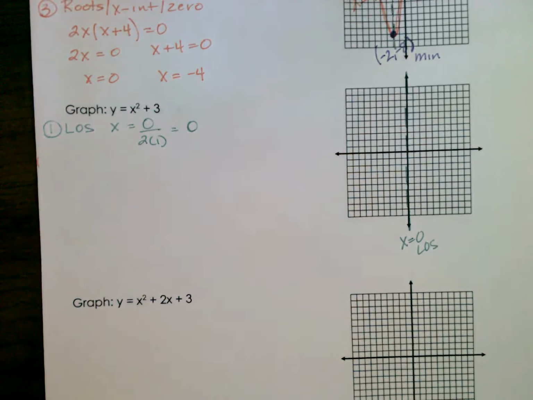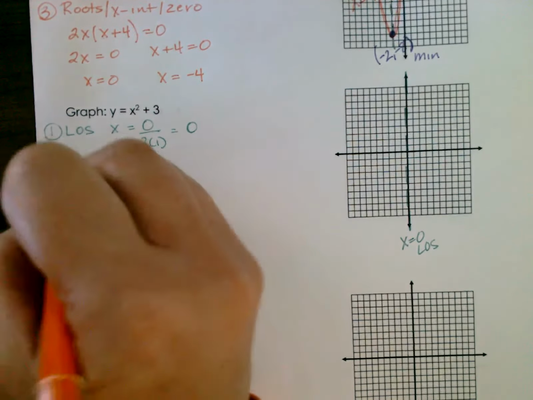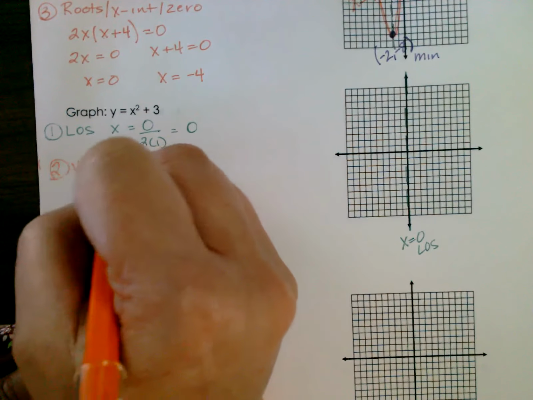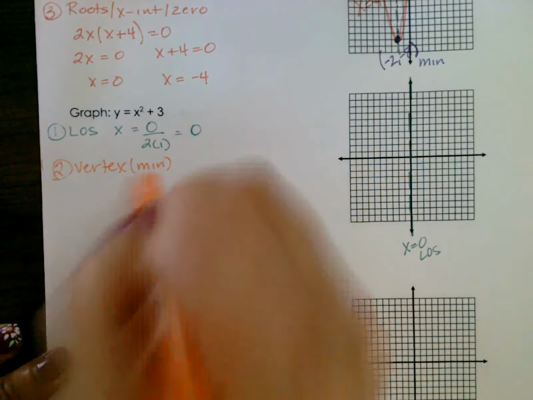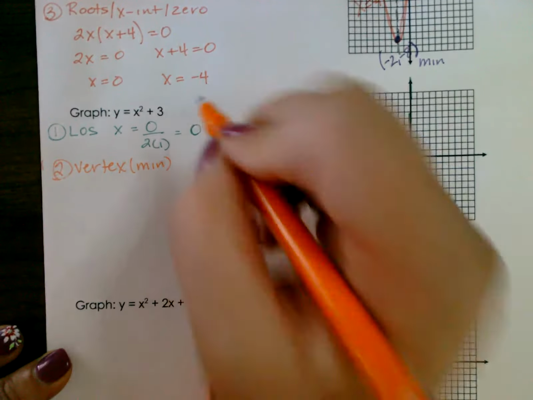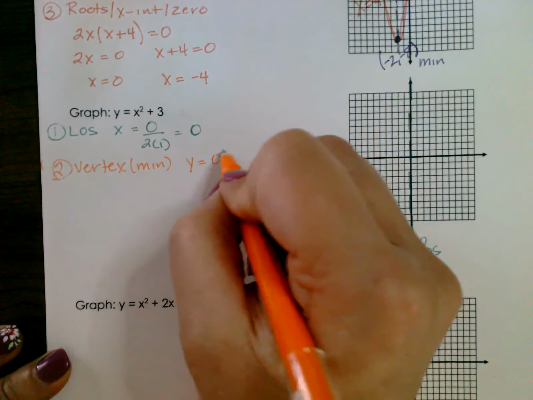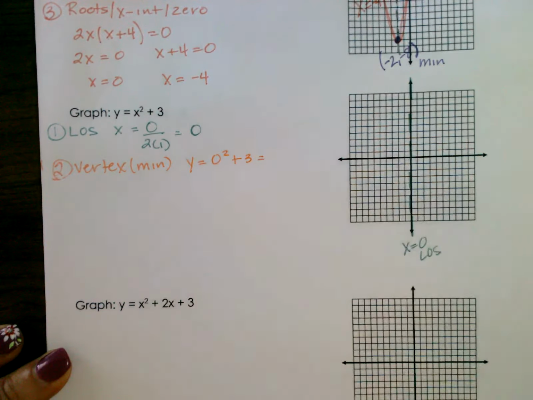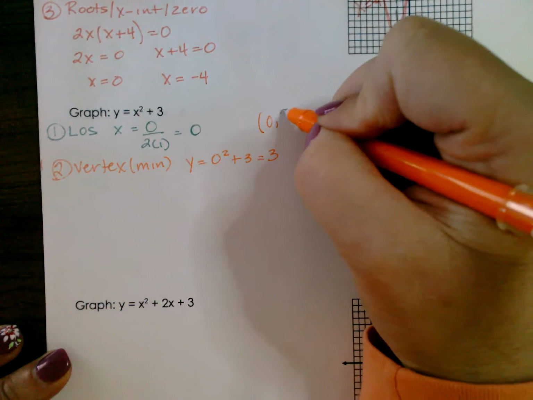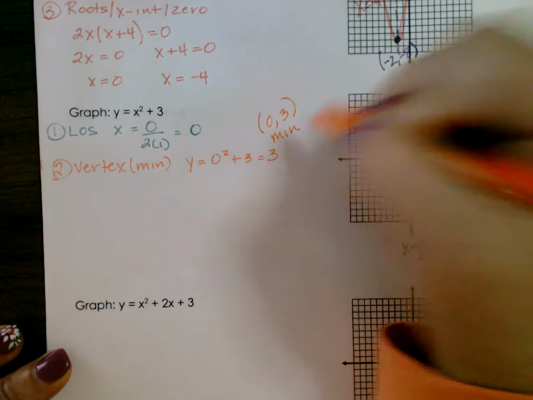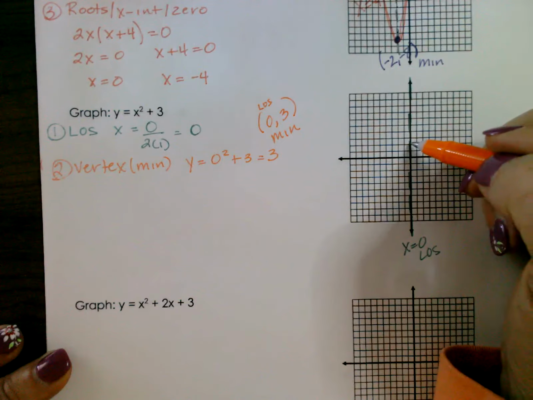All right, that's unique, but not a big deal. Now we're going to find our vertex. We know it's going to be a minimum because A is positive. I will use my line of symmetry of 0, so 0 squared plus 3 equals 3. So my vertex is (0, 3). It is a minimum. I got the 0 from the line of symmetry, so 1, 2, 3.